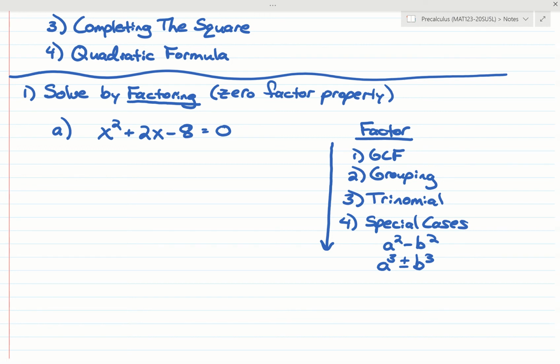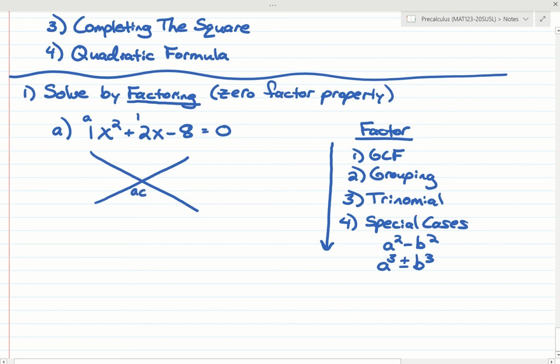So taking a look at this example, there is no GCF. We can't group it because there's 3 terms, so we use trinomial factoring. The way that I teach trinomial factoring is we look for 2 numbers that multiply to be a times c. So 1 times negative 8 is negative 8. And what 2 numbers add up to be b, or 2.